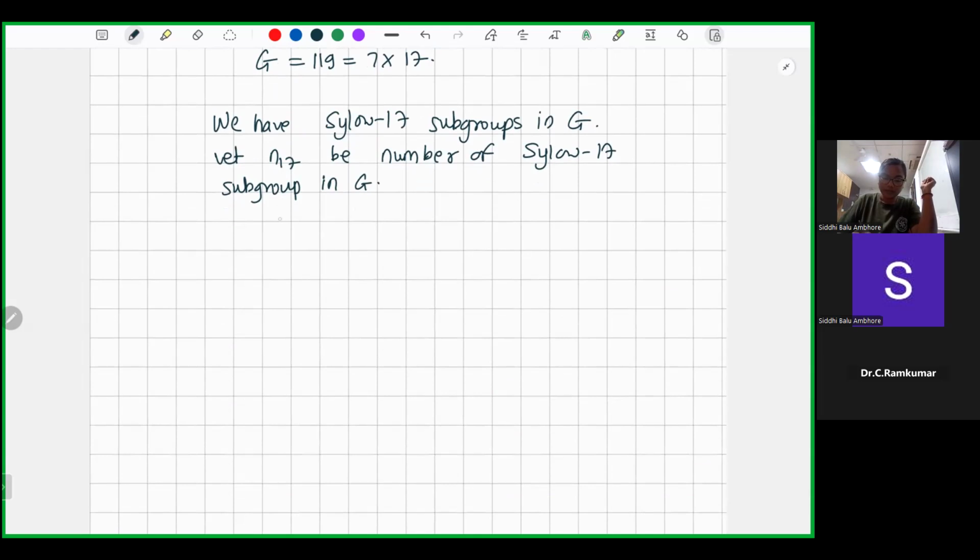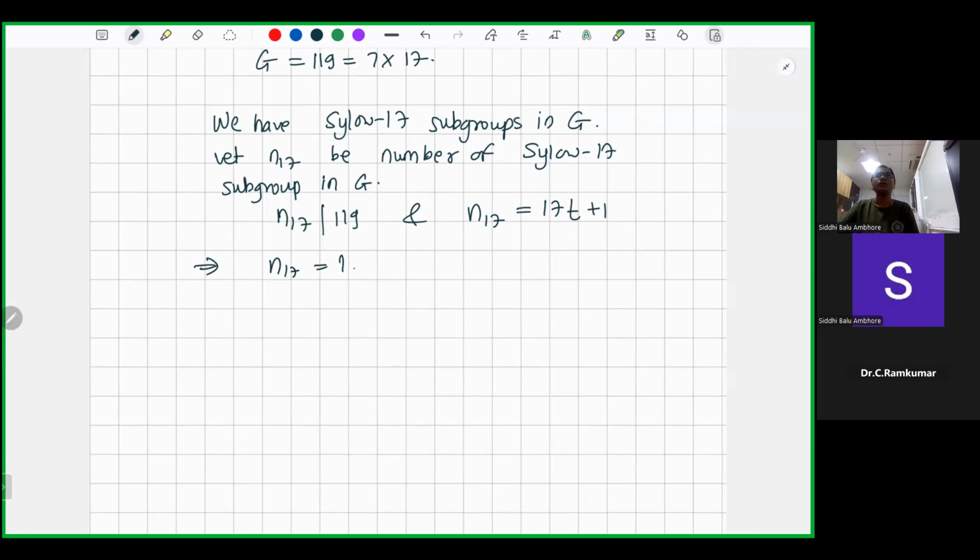Then N17 will divide 119, and N17 is of the form 17t plus 1. And again, this will imply that N17 is 1, because 17 divides 119 and it will divide 17t plus 1.